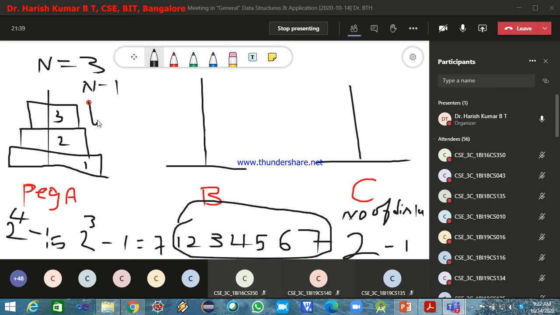So these n minus 1 is nothing but this 3 and 2. So 3 and 2 must be moved to this peg B using C as auxiliary. Okay, and then shift this last disk directly to the destination and move again the n minus 1 disks which are there on the B to C using A as auxiliary. People are following?